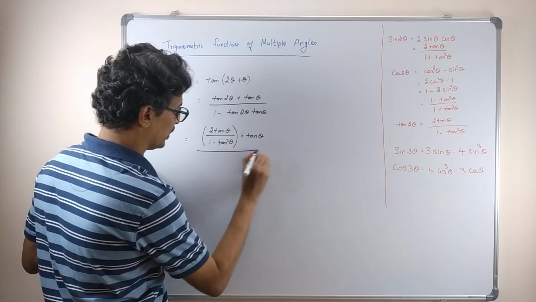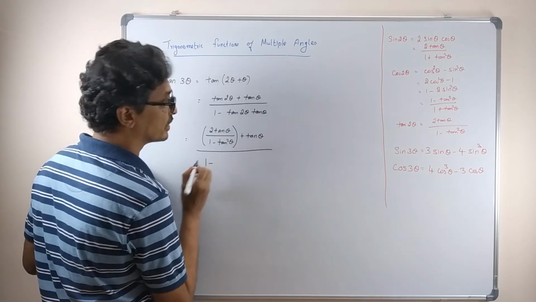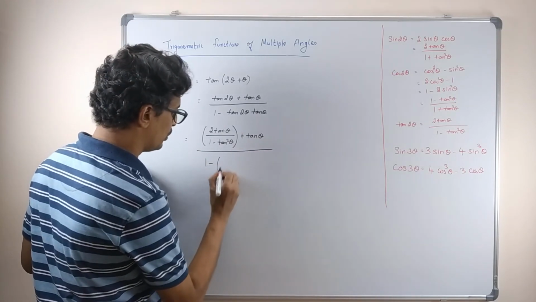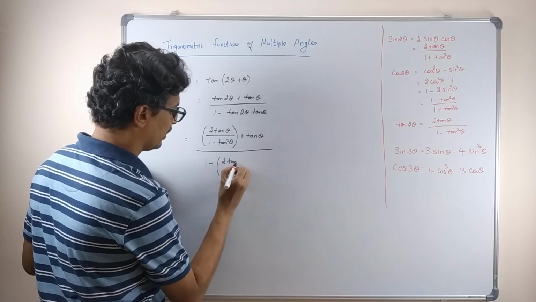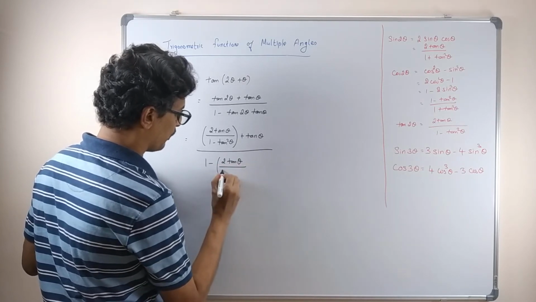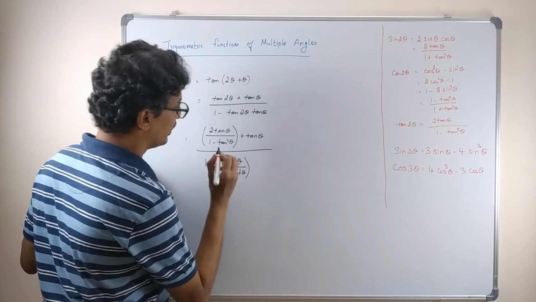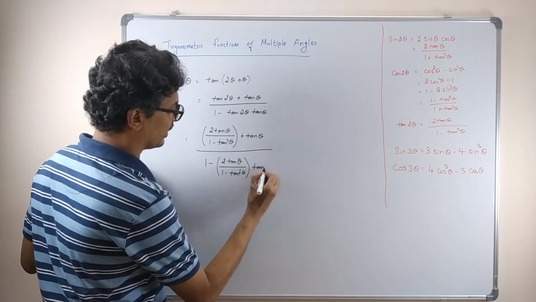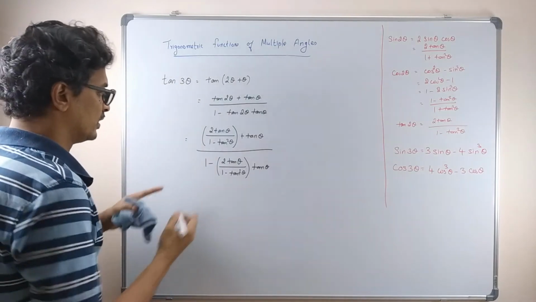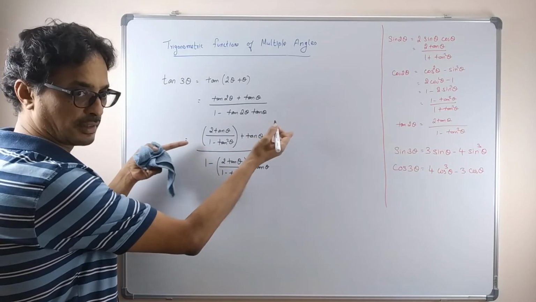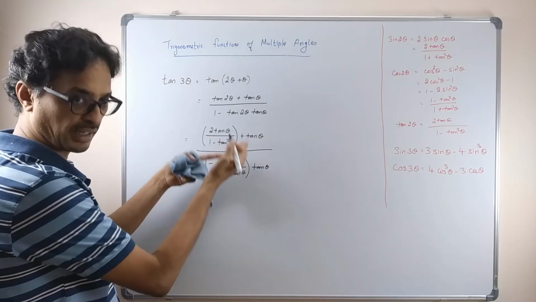The whole thing divided by 1 minus tan 2 theta, which is 2 tan theta divided by 1 minus tan square theta, into tan theta. Simple. Take the LCM, so both denominators will get cancelled. Correct?